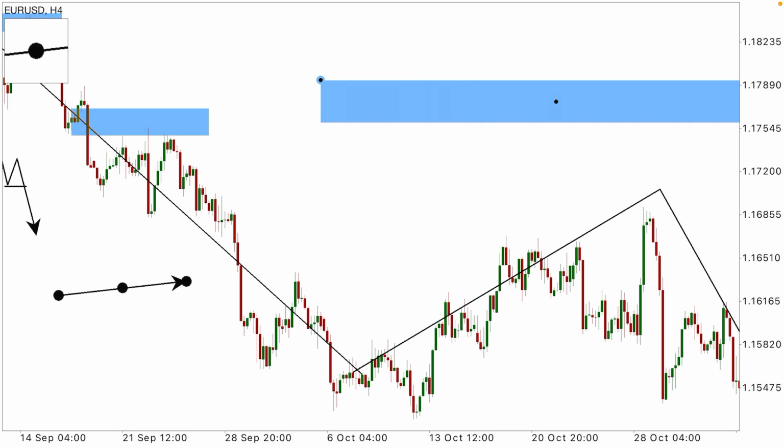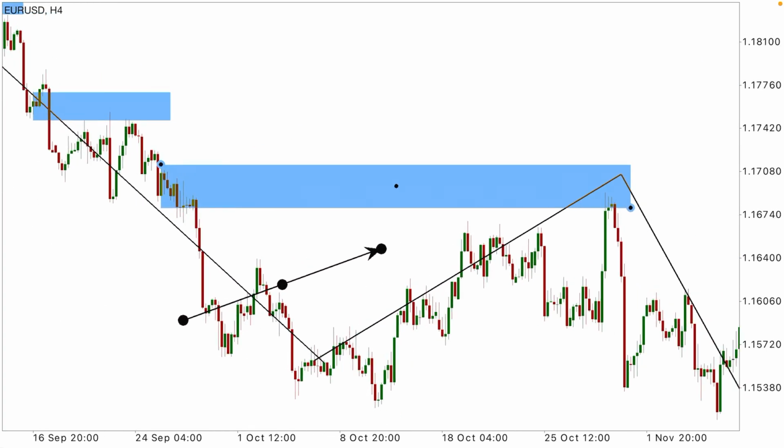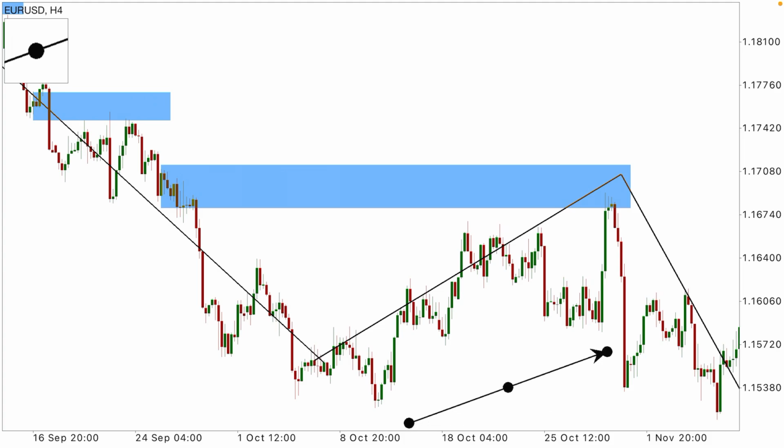The institutional traders did not come back to mitigate the order until several weeks later, around the 26th of October, when they came back to test the zone. And you see how a massive drop in price, a massive decline in price.